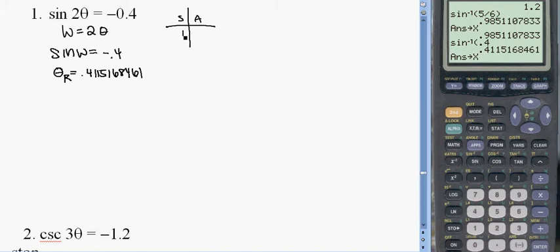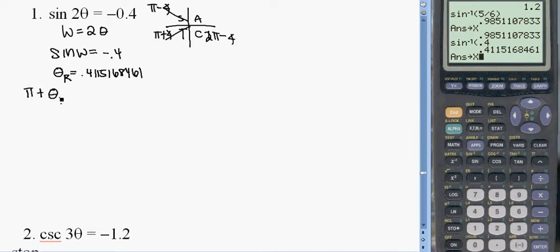So our sine is negative in the third and fourth quadrant, so that is pi plus our reference angle, and this one is 2 pi minus our reference angle, and this is pi minus my reference angle. Therefore we need to do pi plus our reference angle.